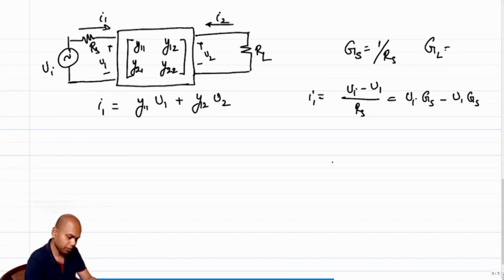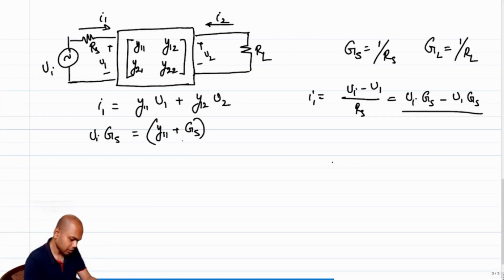Similarly, we will require GL, which is equal to 1 over RL. So I just wrote it down up front. What I'll do is replace I1 with this. So this becomes Vi times Gs is equal to (y11 plus Gs) times V1 plus y12 V2.